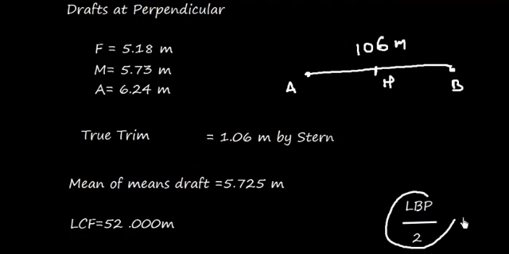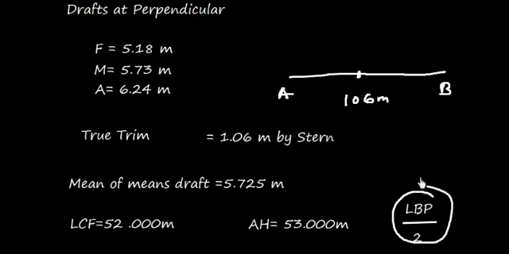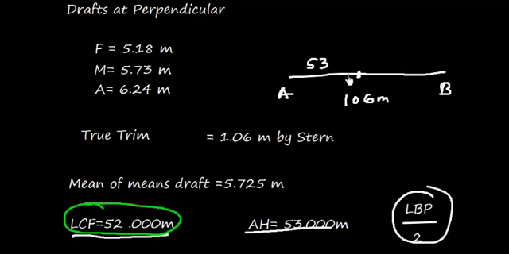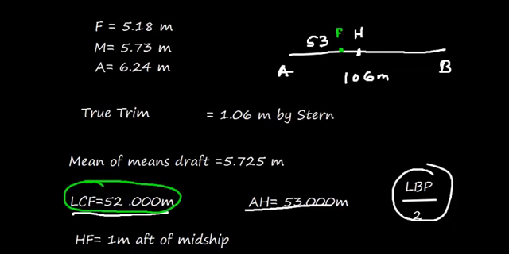So LBP by 2 is 53. That is AH. And the LCF, that is the center of flotation, is at 52. So this is F and this is H. We can say that HF is 1 meter aft of midship.